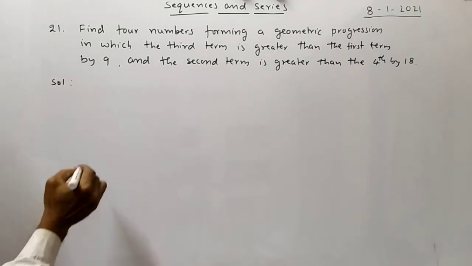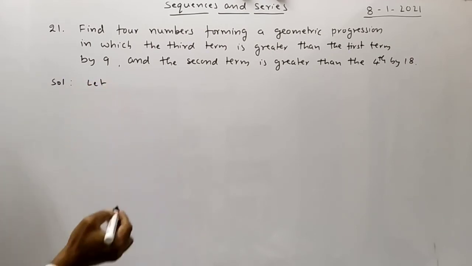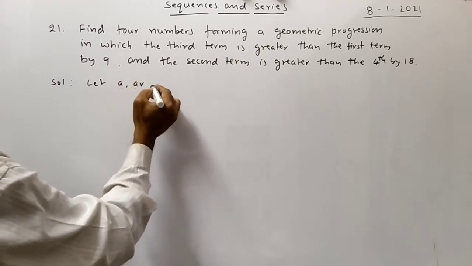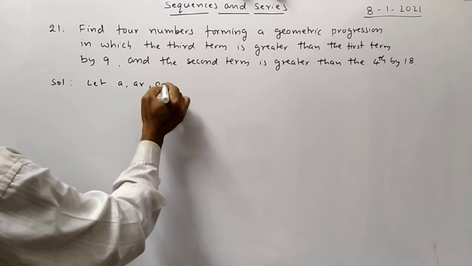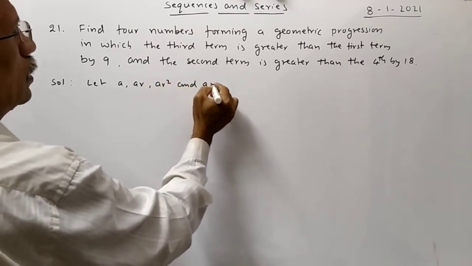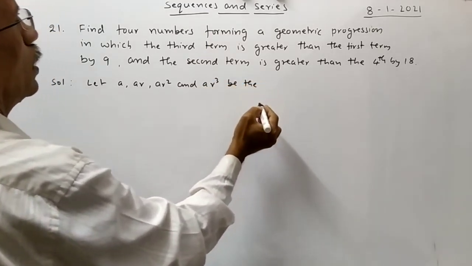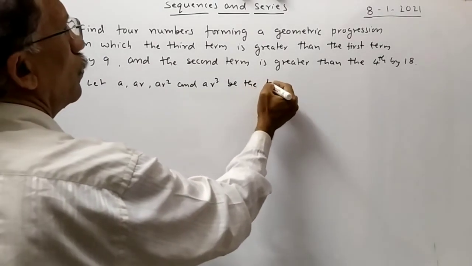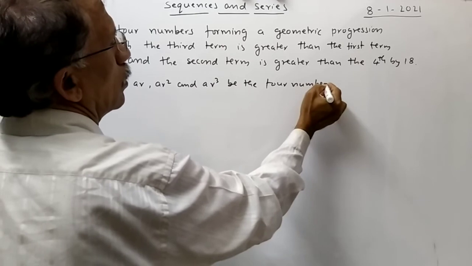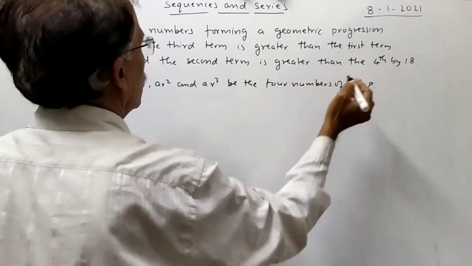Solution. Let A, AR, AR square and AR cube be the four numbers of a GP.